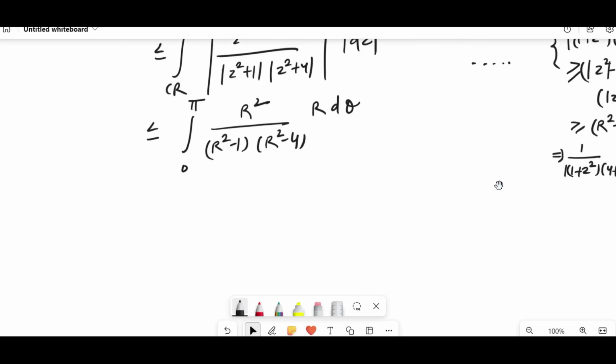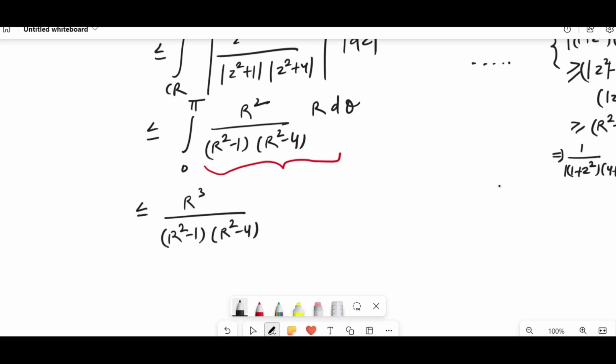So further simplifying, the whole term here is a function of R. So take it outside, that is R to the power 3 over R square minus 1, R square minus 4, integral 0 to pi d theta, and the value of this integral will be pi.